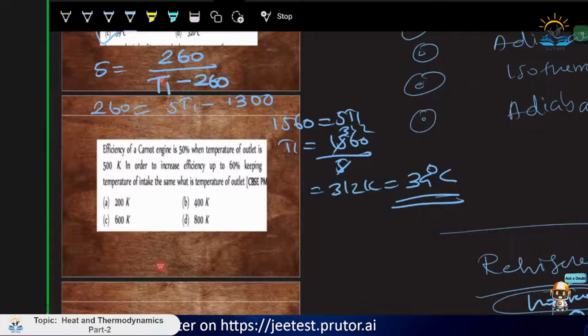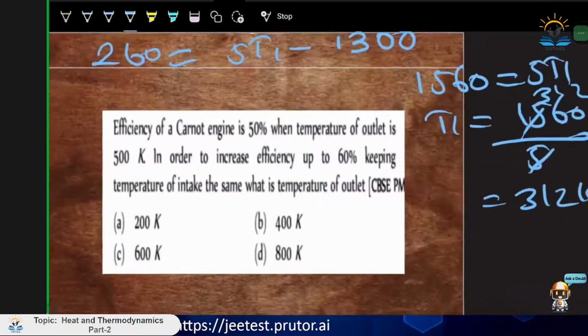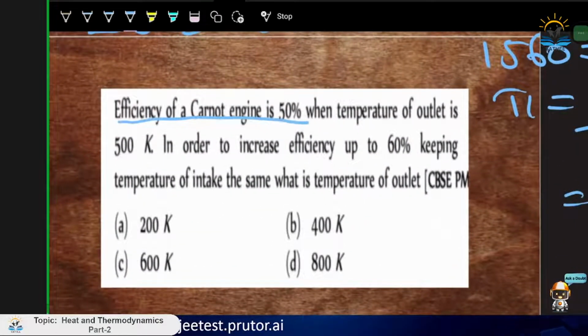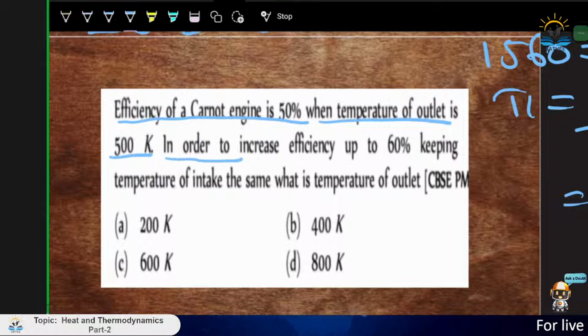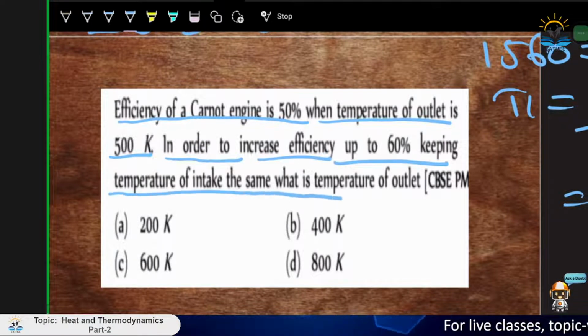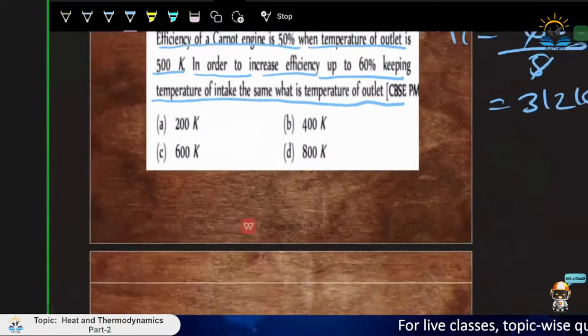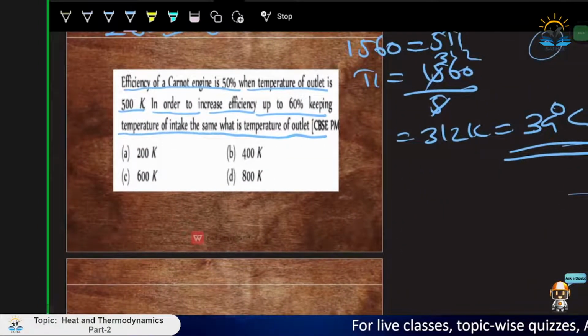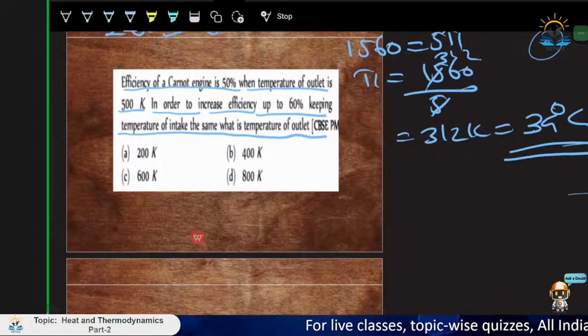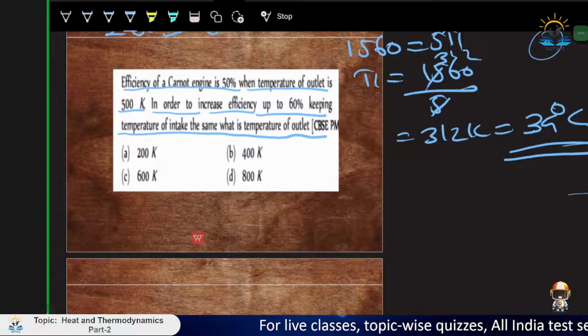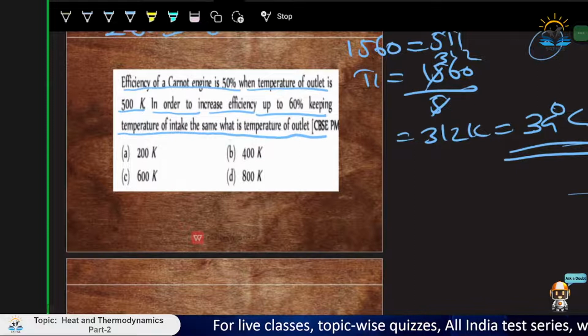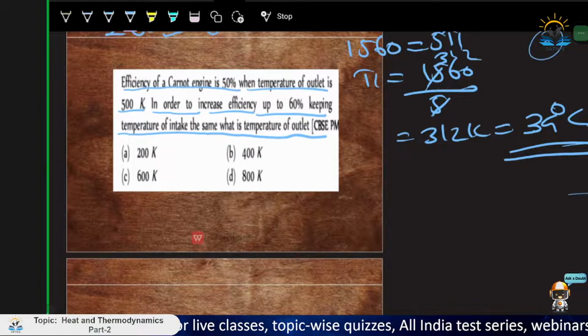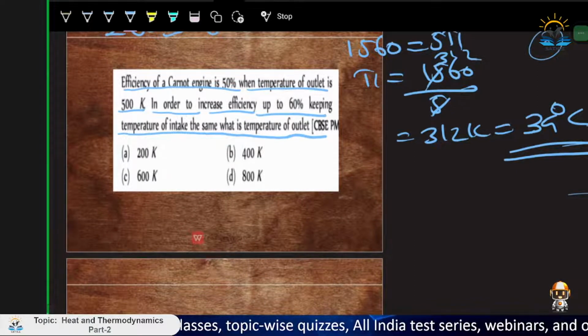Fine. Efficiency of a Carnot engine is 50% when temperature of outlet is 500 Kelvin. In order to increase efficiency up to 60%, keeping the temperature of intake same, what is the temperature of outlet? So see the question now.